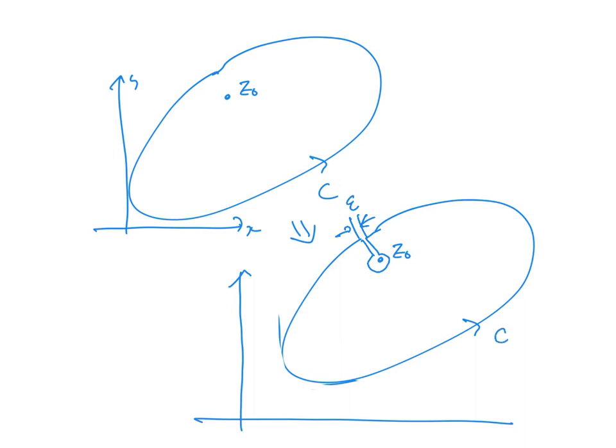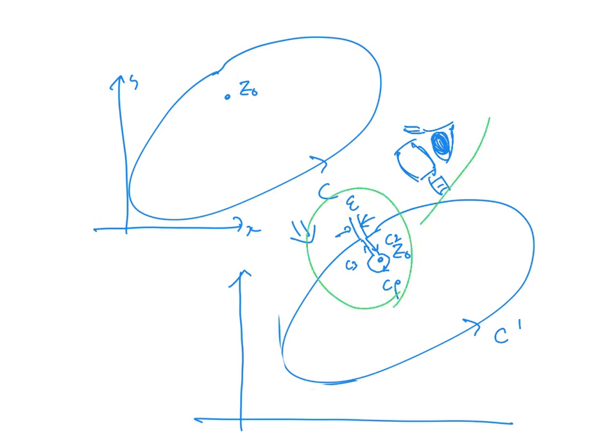So let's say this is C1, C2, C0, C3. If you use a magnifier, this part will be more like C2, C3, right?